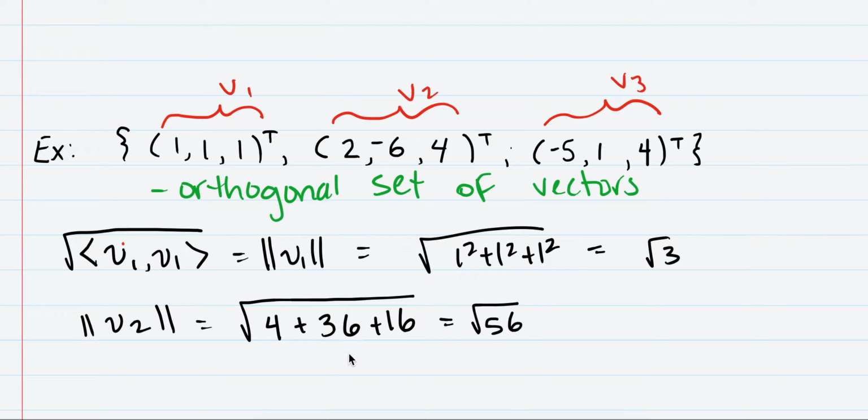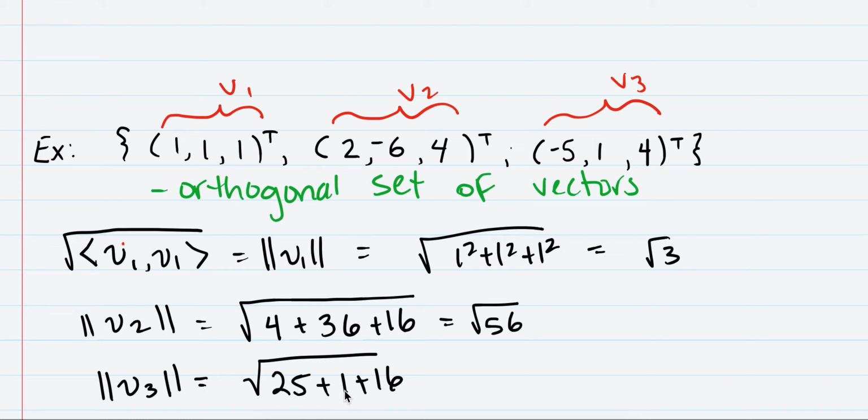I'm just going to leave it like that. And then the length of V3 is the square root of 25 plus 1 plus 16, which is 26 plus 16, which is 42.